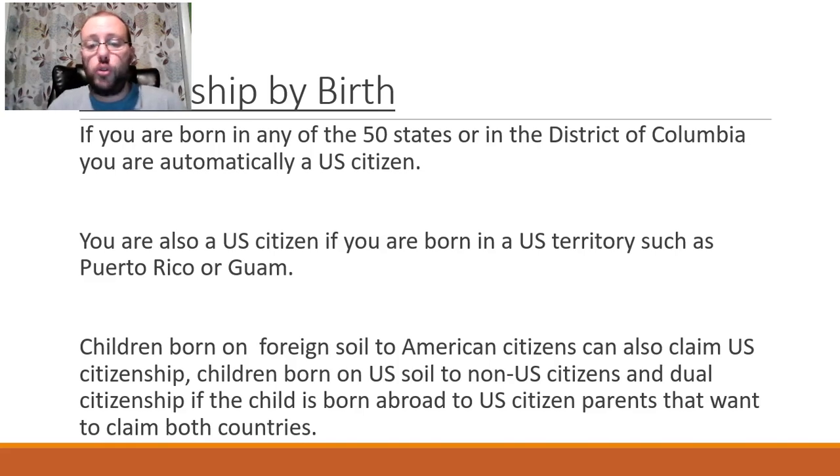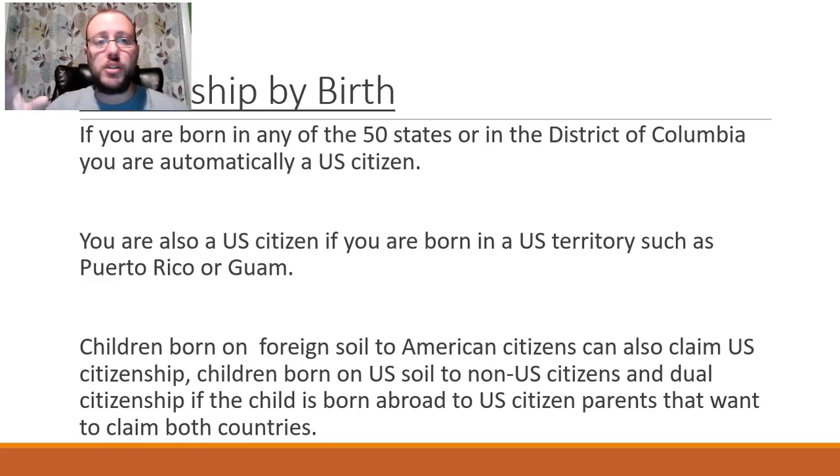Children born on foreign soil to American citizens can also claim U.S. citizenship. There are also dual citizens, if the child is born abroad to U.S. citizen parents that want to claim both countries. Long story short, if you're born in another country and you want to claim citizenship in both, you can have what's called dual citizenship.